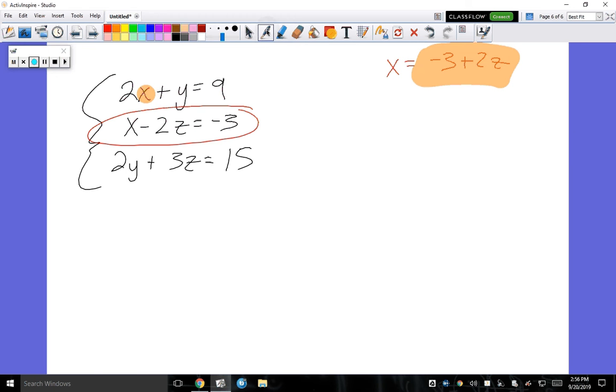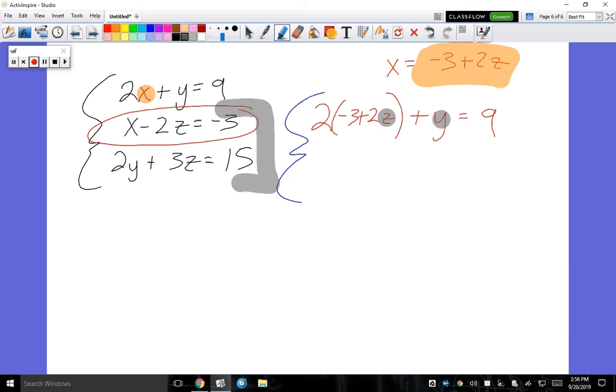So if they did, they have 2 times negative 3 plus 2z, and then plus y is equal to 9. Can you tell me what variables do they have now? They don't have all of them. They have z, and they have y. You with me? Do I have to do substitution with this to bring from my other one? I don't.